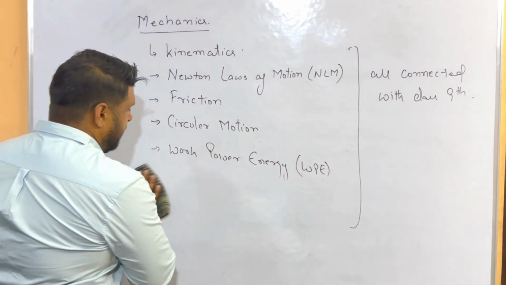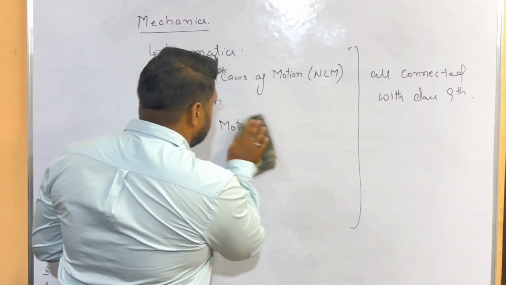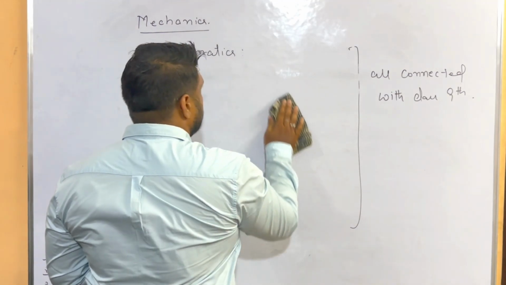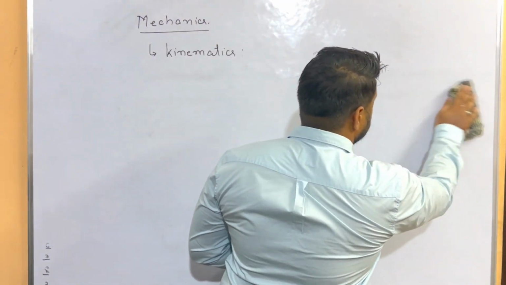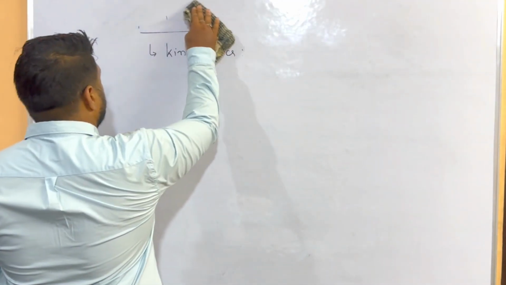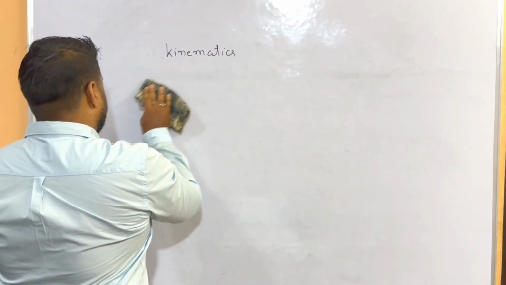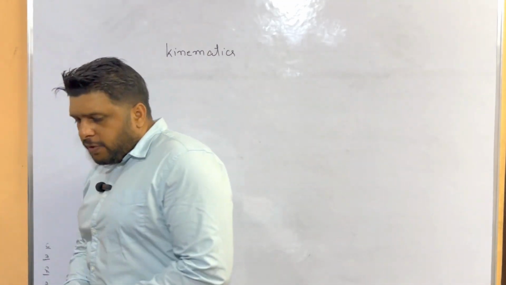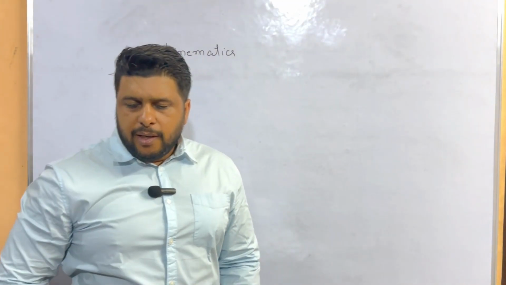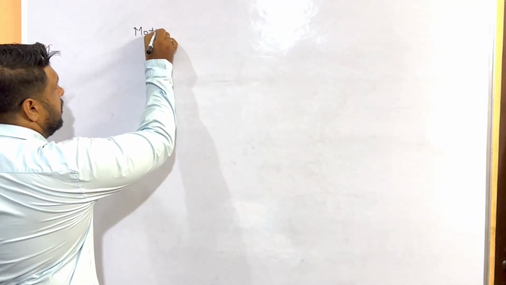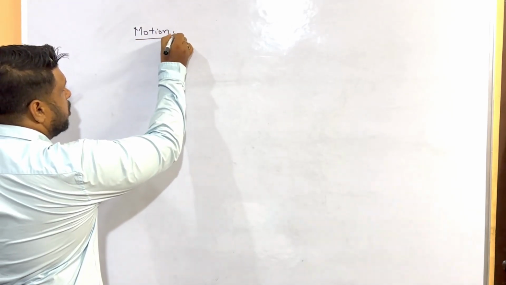In the kinematics part, there are certain definitions which you should be aware of, so let's start with them first. The first thing you should know is motion. Why am I going to talk about motion?